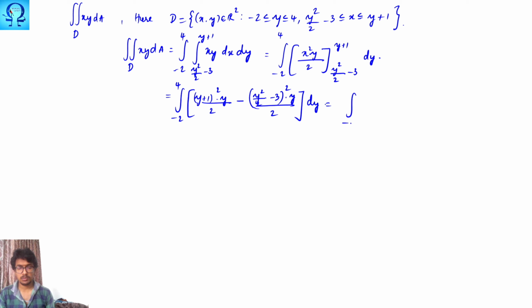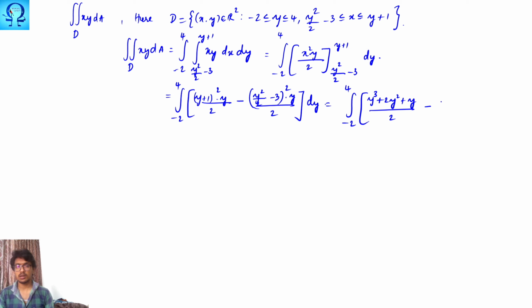Okay, so it is my integral from -2 to 4. When you do it by the binomial expansion, y square multiplied with y, so it is y cube, plus 2y multiplied with y, it is 2y squared, plus 1 multiplied with y, it is y upon 2, minus here y square upon 2.